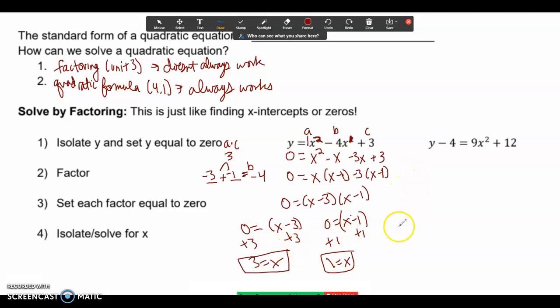So set each factor equal to 0. Same concept over here. Isolate y and set y equal to 0.